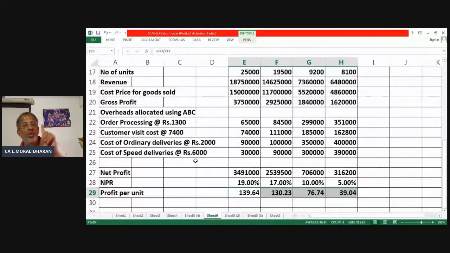So first part of the question over. Evaluate the customer profitability by calculating the profit per hog for each customer. That we got it. Recommend steps to be taken for improving profitability for less profitable customers.